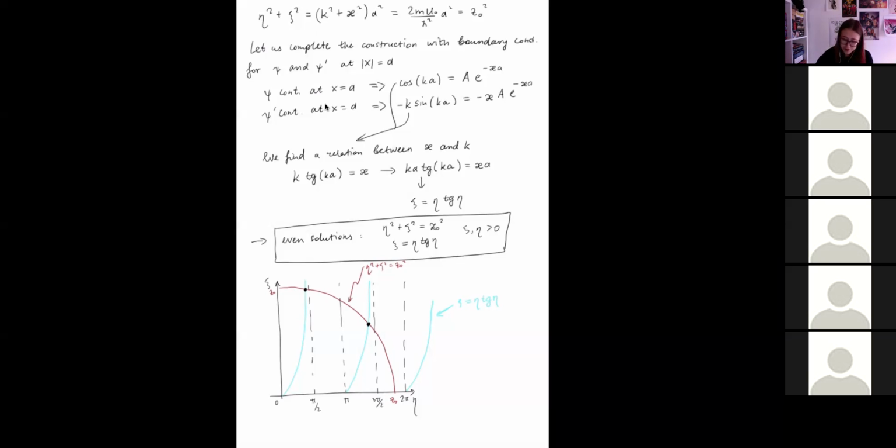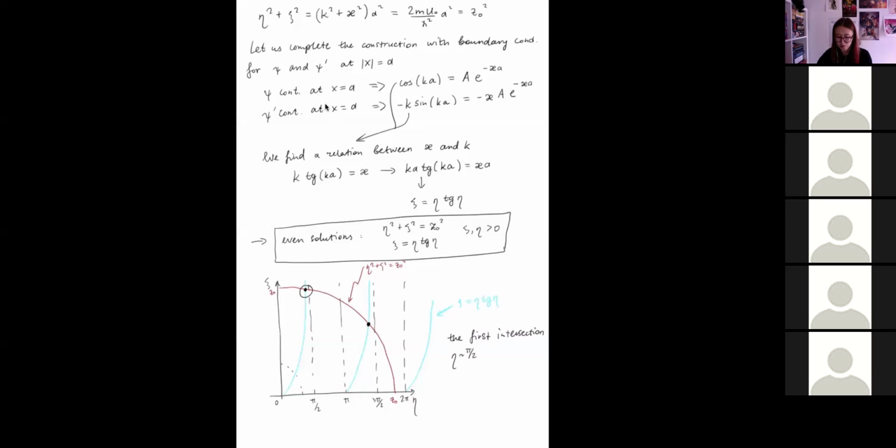And the first intersection here happens around eta equals pi over 2. And of course, if z0 is really small, it goes here, and this wouldn't be exactly near pi over 2.